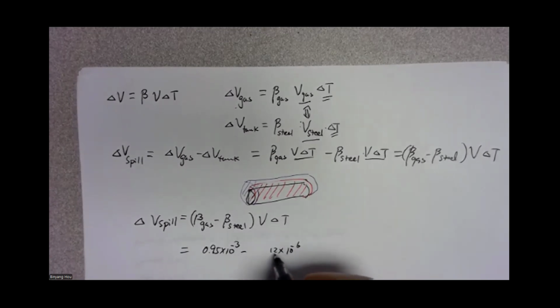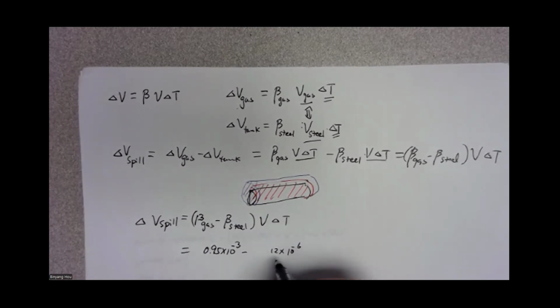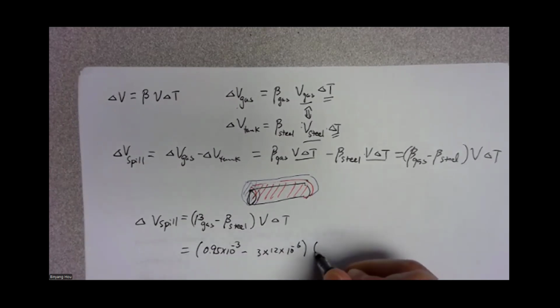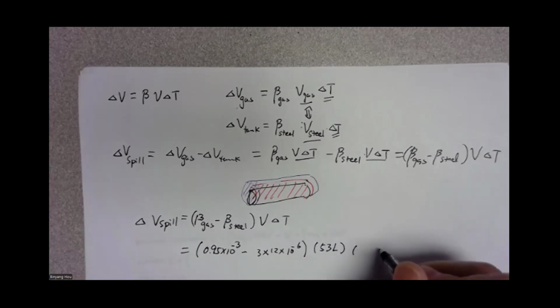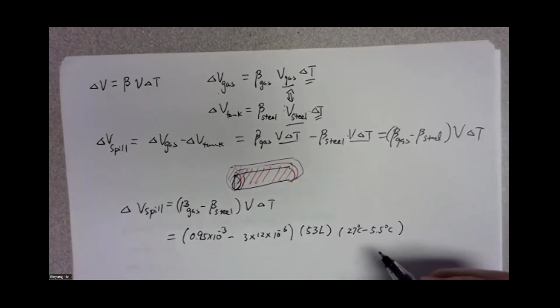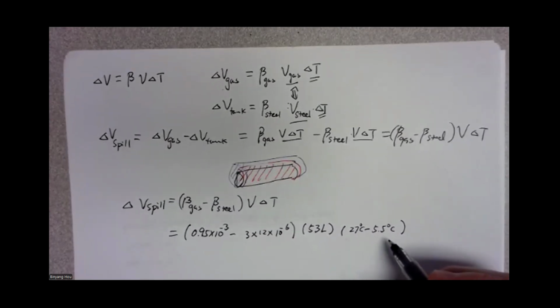But it was given as alpha, not beta. So you do 3 times that, okay, for beta. Times the original V, which says it's 53 liters. And then times the temperature change, it says in the morning is 5.5, and then in the day is 27. So that's the difference of the two in Celsius.